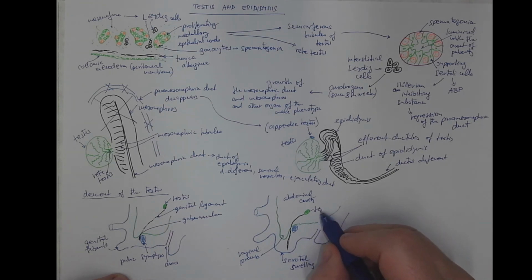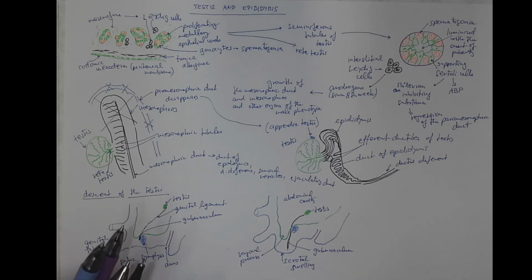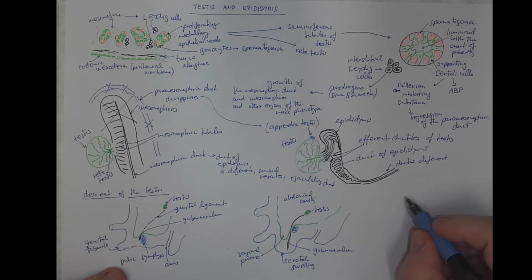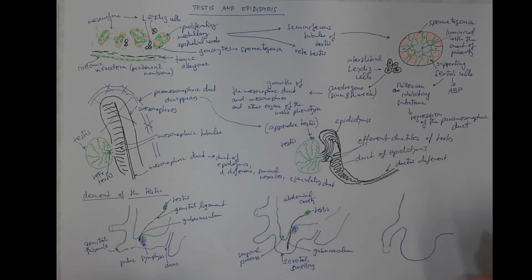And this is the testis, and the gubernaculum is a fibrous tissue cord. And finally, the genital tubercle becomes the penis. The scrotal swellings become the scrotum. Here will be the perineum with the anus.